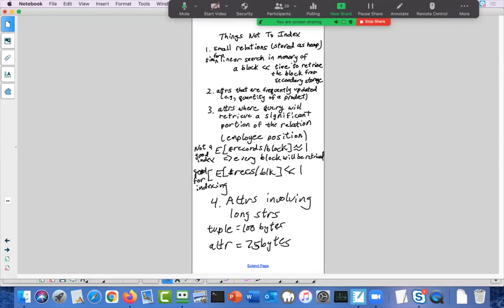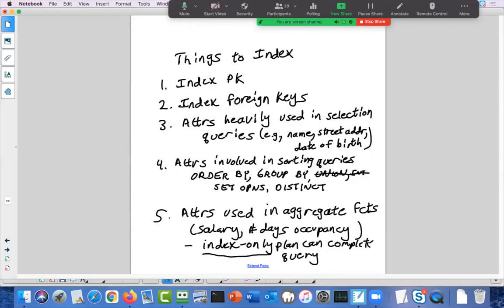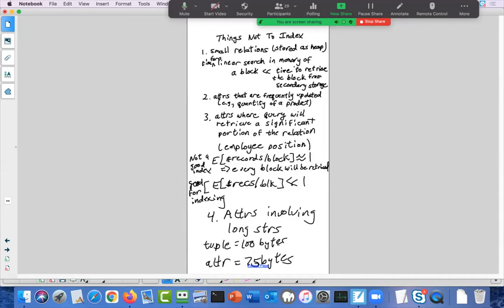So you can certainly see here that, especially with number 4 on what not to index and number 3 of what to index, heavily used in selection queries, you may get conflicting things about whether to index it or not. And in that case, you just have to figure out which is more likely.